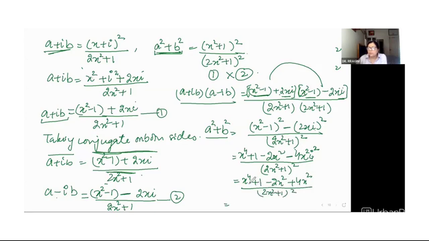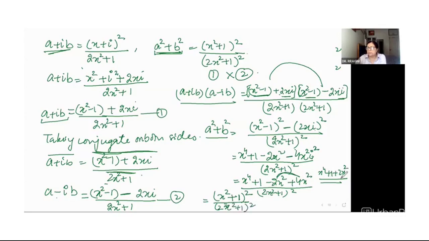See, it was a square plus b square minus 2ab. Now if you take the difference of these two terms, this becomes x4 plus 1 plus 2x square, which can be written as x square plus 1 whole square. Right?